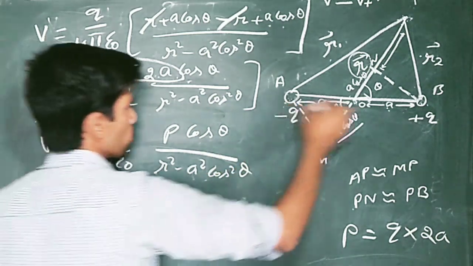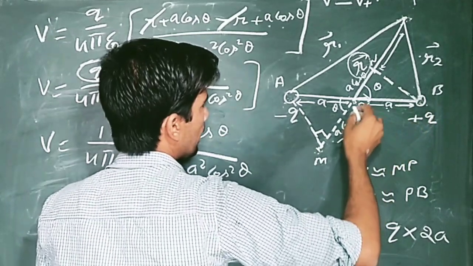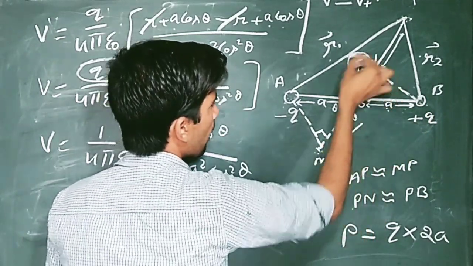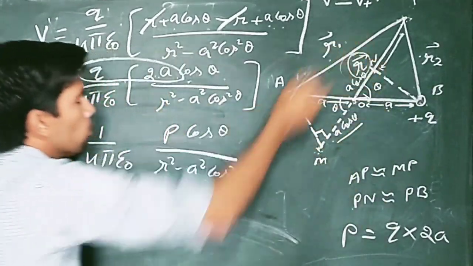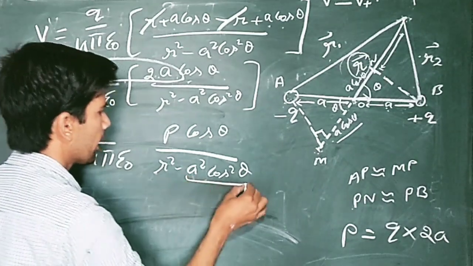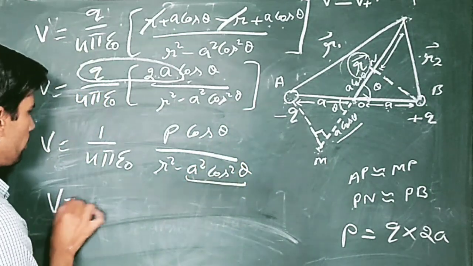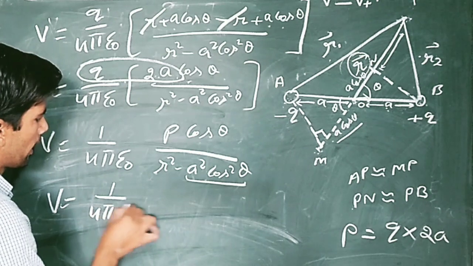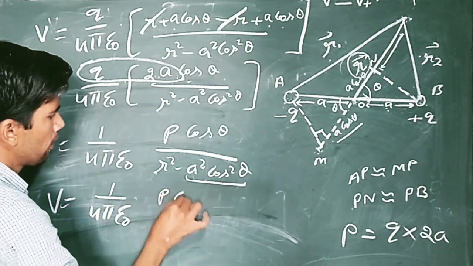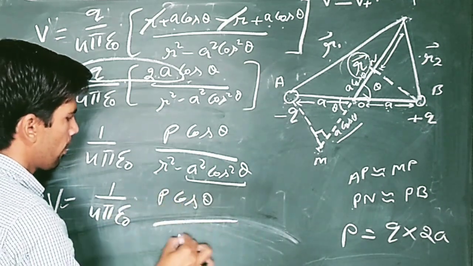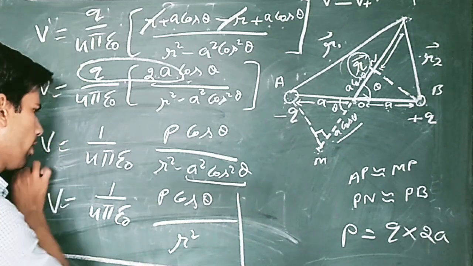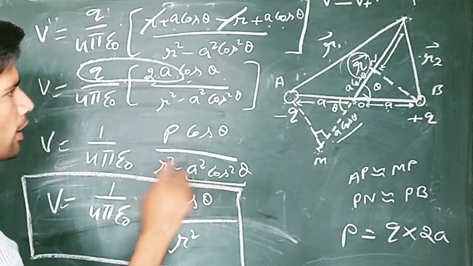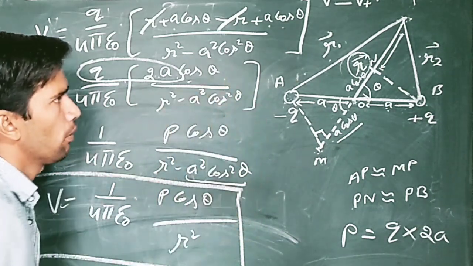If the dipole is very small and the position vector r from O to P is very large, then we can neglect this term. Then potential V is equal to 1 by 4 pi epsilon naught p cos theta divided by r square. This is our result. This is the potential due to an electric dipole at a point P.